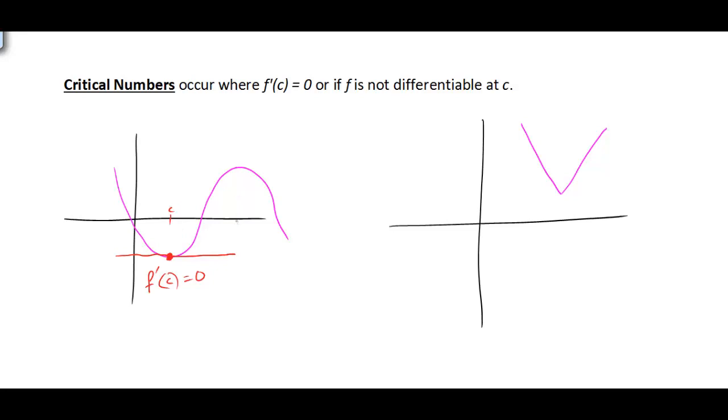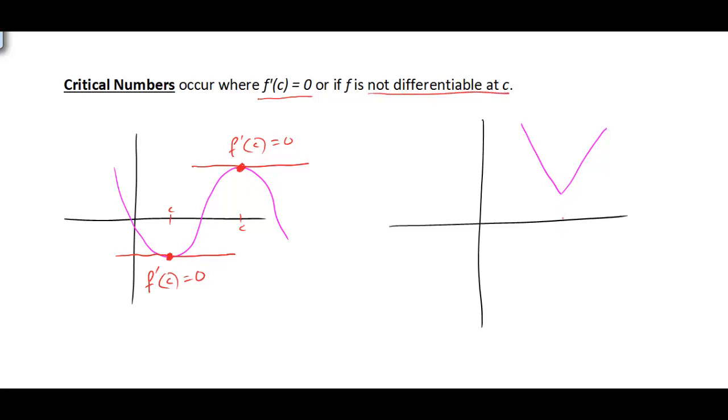And notice we would actually have another critical number here, because once again, we have a horizontal tangent line at this point where the derivative is going to be equal to 0. Okay, so that's this first part. We have a critical number anytime the derivative is equal to 0, or if our function is not differentiable at c.